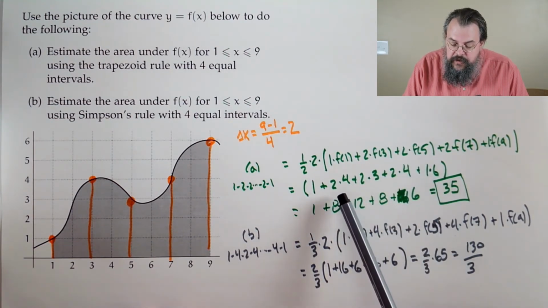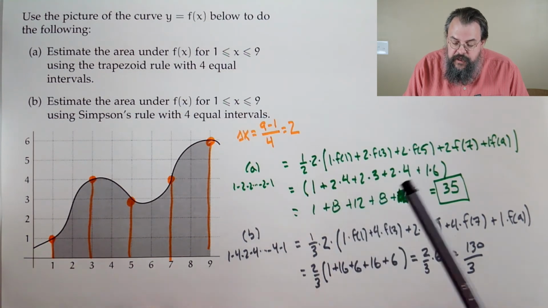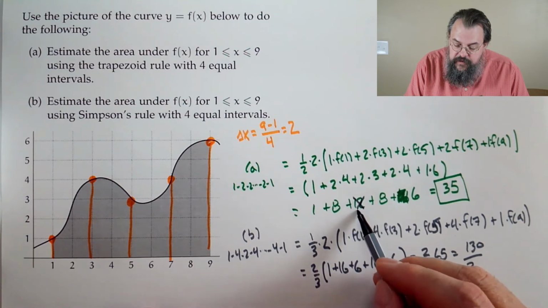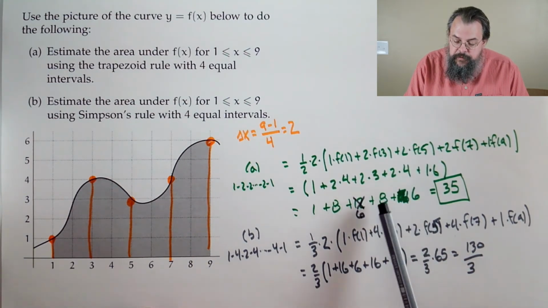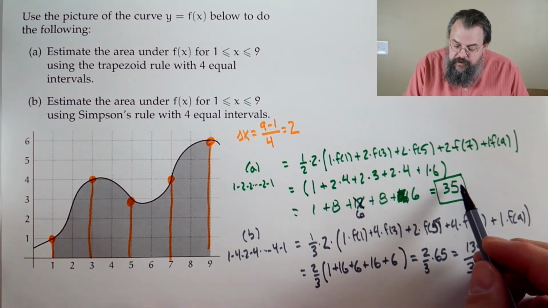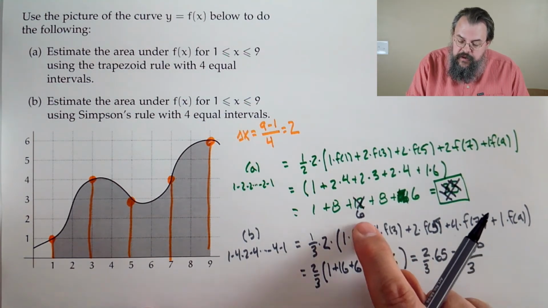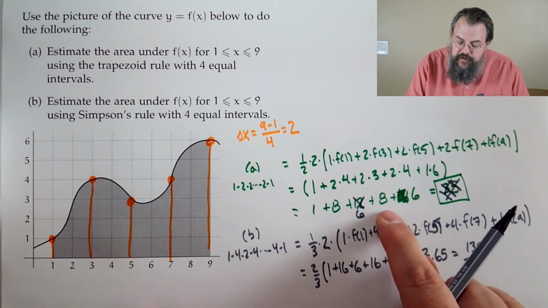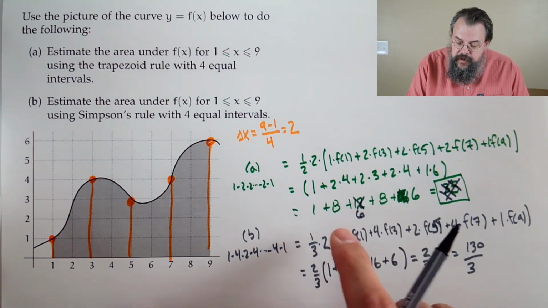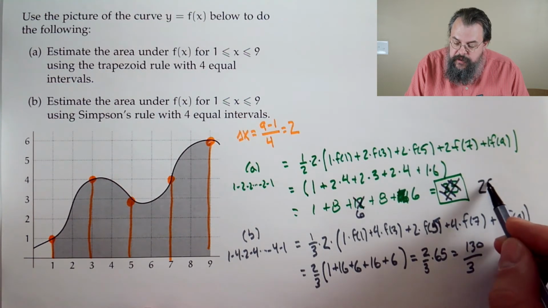And now 2 times 4 is 8. 2 times 3, that's not 12. 2 times 3, that's 6. And 2 times 4 is 8 plus 6. So look, this 35, that's off. What should it have been? Okay, well, it should have been 6 plus 6 is 12, plus 8 makes 20, plus 9 more, 29.